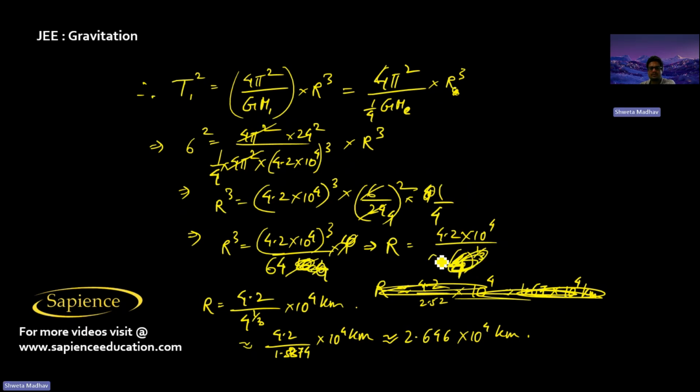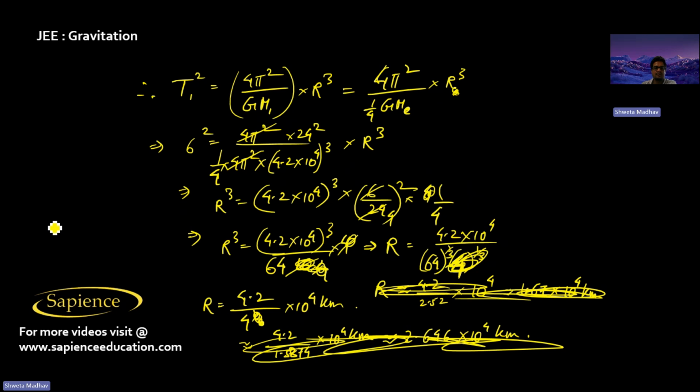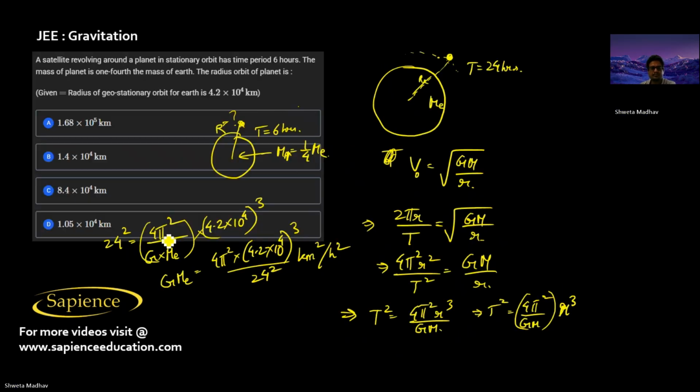So it will become 64, cube root of 64, which is 4. 4 will come instead of this. So R will be equal to 4.2 by 4, which is 4 ones are 4, 4 5s are 20, 1.05 into 10 power 4 kilometer. So option D is the correct answer.